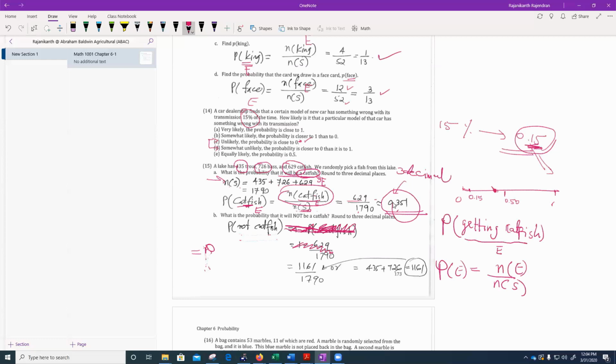That means except catfish, you have to add the remaining two. That is 435 plus 126. This is my not catfish. Then you have to divide by n(S), the total number. So if you add these two numbers, you should get 1161.